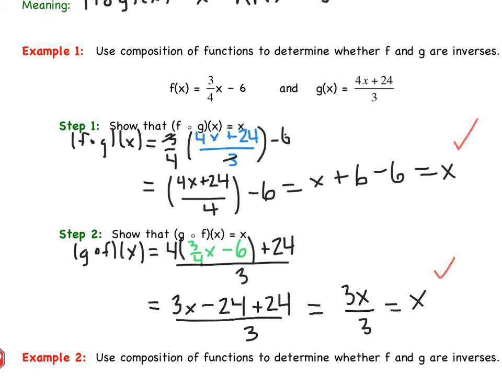So here what we could write is, since f of g of x equals g of f of x, and both of those equal x, that's how we know they are inverses.